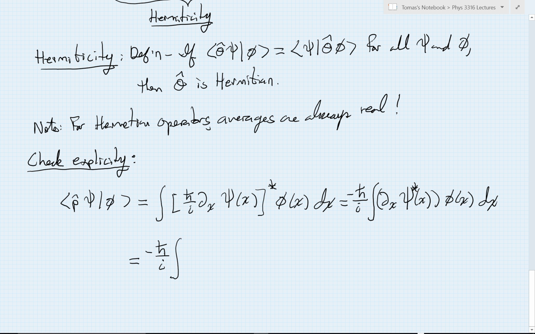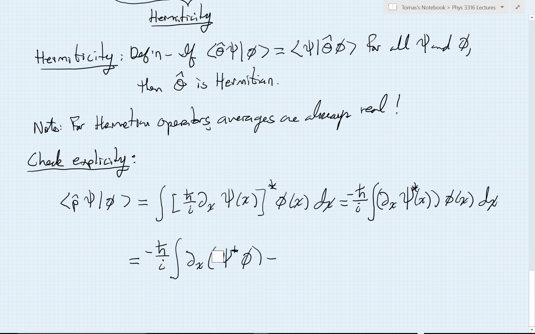Now, with that corrected, I want to move my derivative over, and the formal way you can do this is to rewrite your integrand as the derivative of the product psi star times phi, right? And then subtract off. Now notice, if I were to use the product rule, this would give me the derivative of psi star times phi, which is exactly what I have, but I get this extra piece that I don't want.